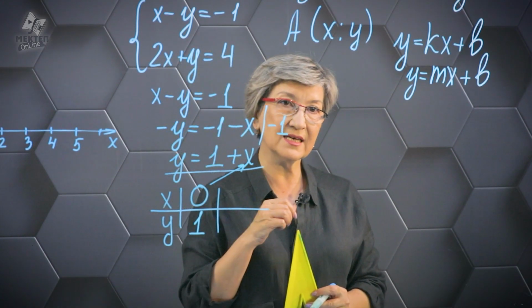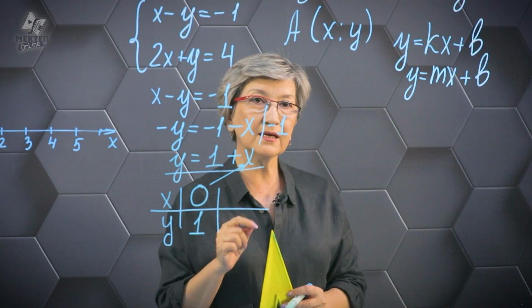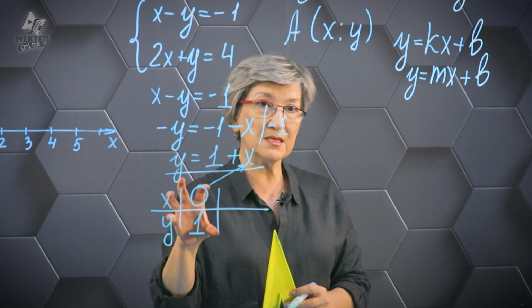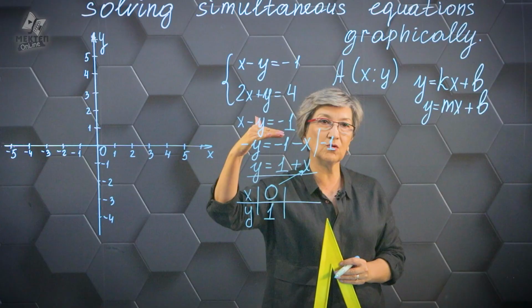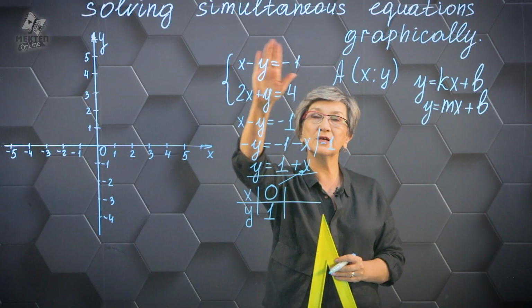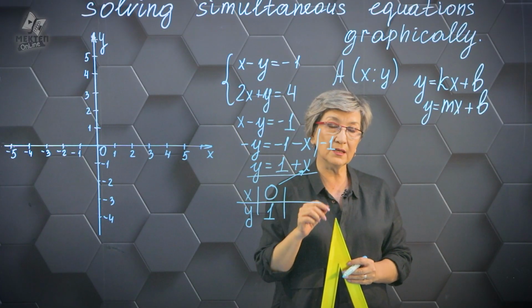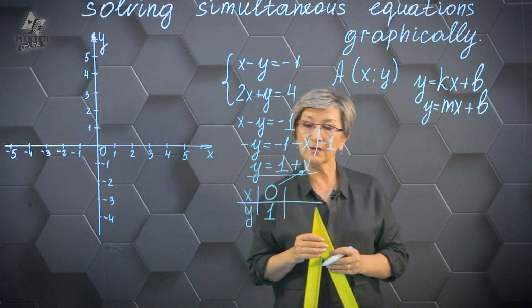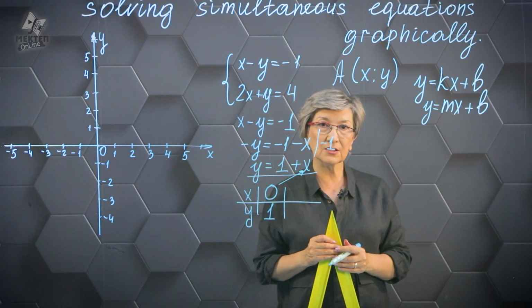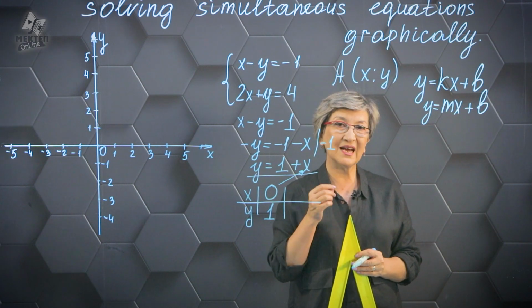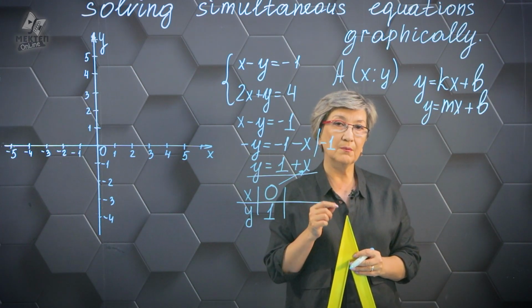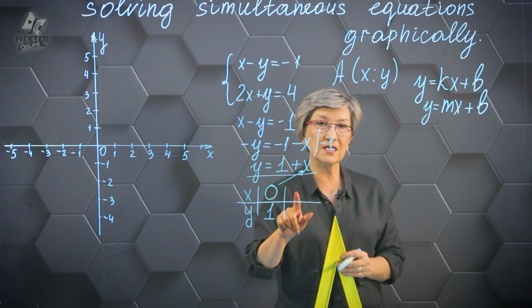Therefore, when x is 0, y is equal to 1. This is essentially a pair of numbers that solves our equation. We need to solve the entire system, so I will draw a graph. I need more than one point, as I can draw an infinite number of lines. Thus, I will choose another value for x.